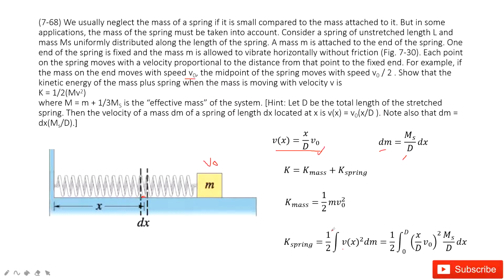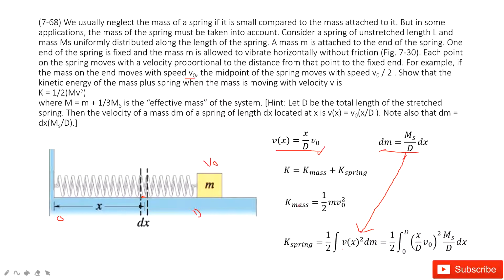And then we need to do the integral for the whole spring. The mass changes with dx, so we put this equation inside. Now this equation looks like this one, agree? And then we do the integral over dx from 0 to d. Agree? This is the kinetic energy for the spring.